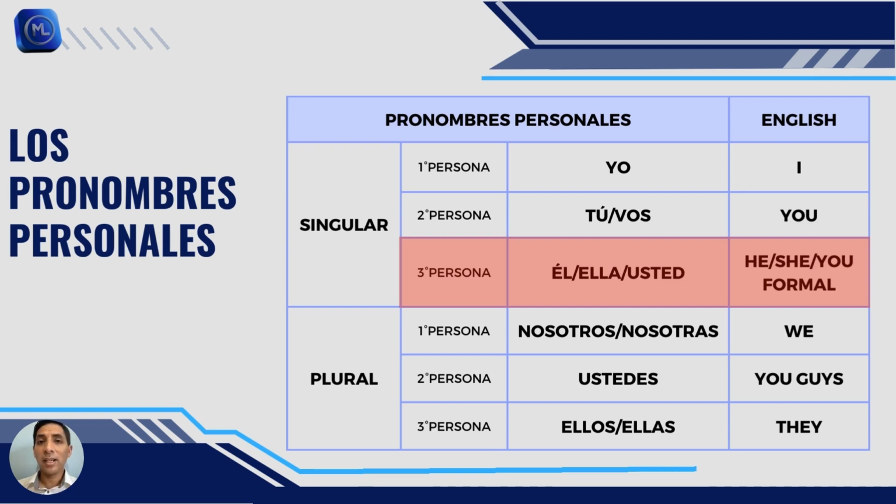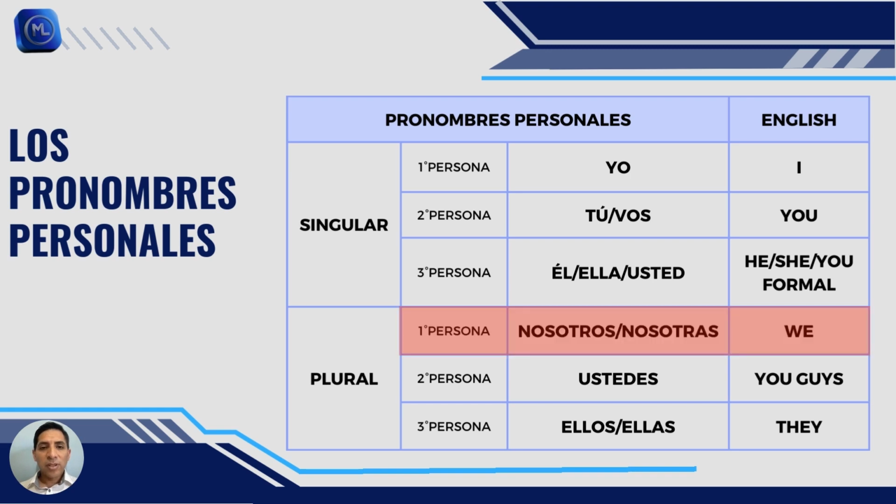So you want to write L with a tilde. Then we have ella or ella, that means she. And then we have usted. Usted means you if you're addressing somebody formally. Usted. Now let's go to the plural.